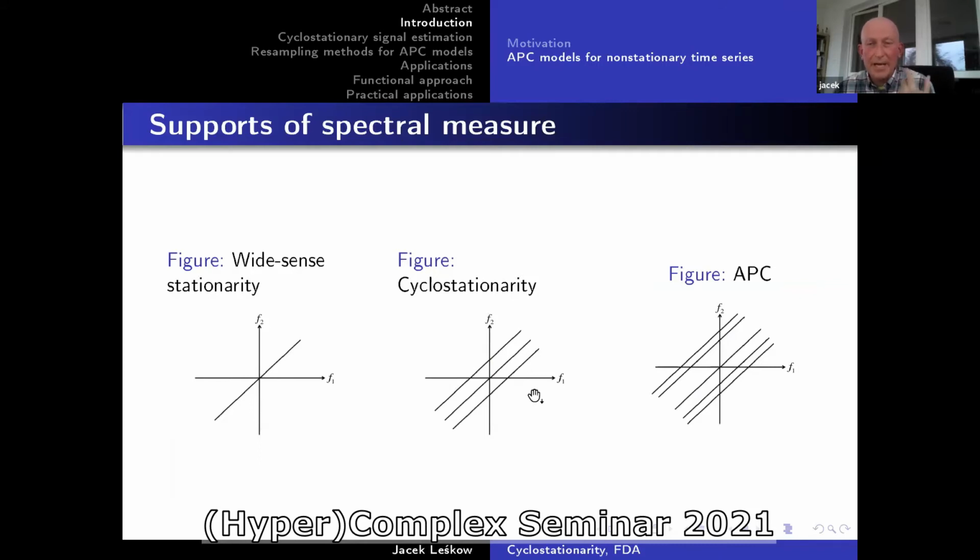So what I mean by separability of lambdas. Of course, when there is nothing but one lambda, there is no need for separability. If you have a cyclostationary case, then lambdas, being integer multiples of 2 pi over T, are separated by a smallest distance. But in the almost periodically correlated case, it's not necessarily true.